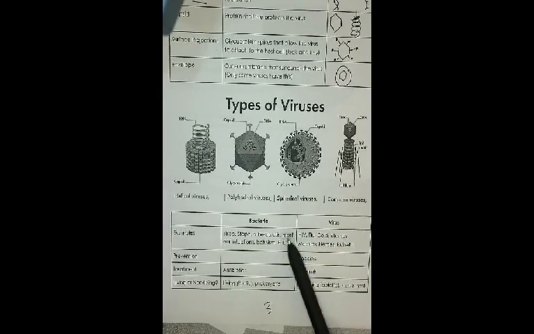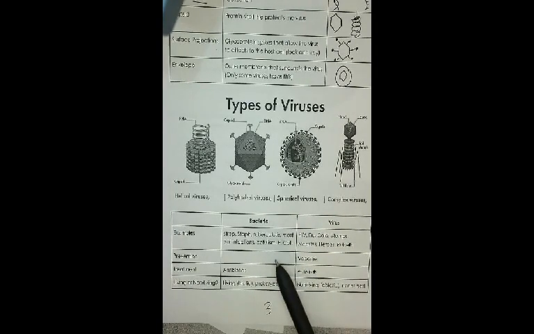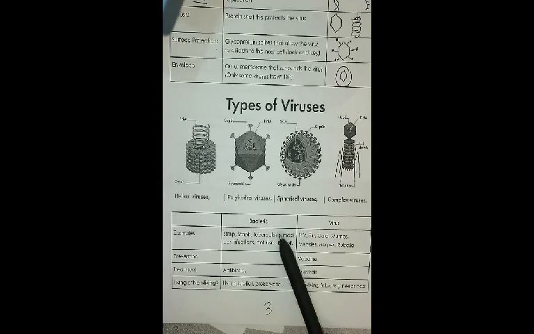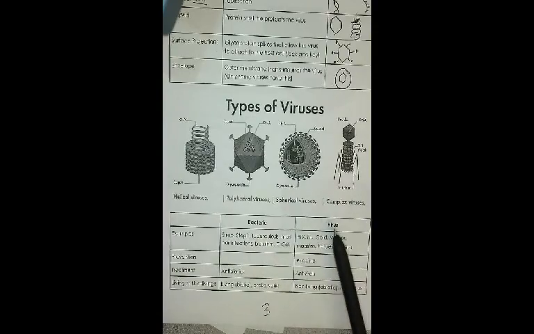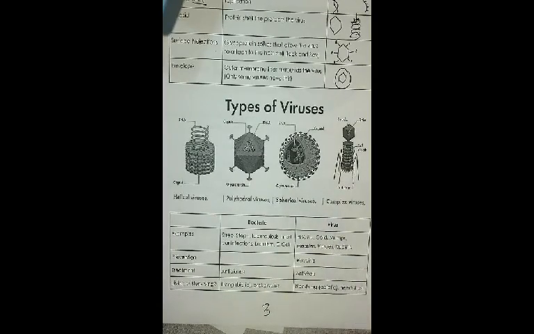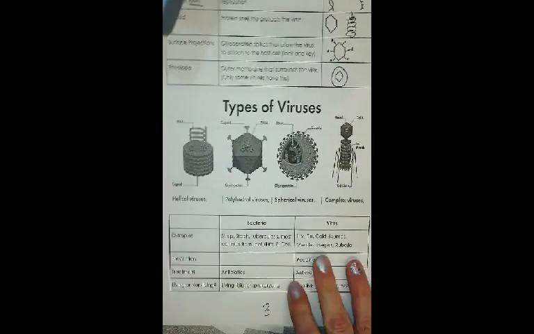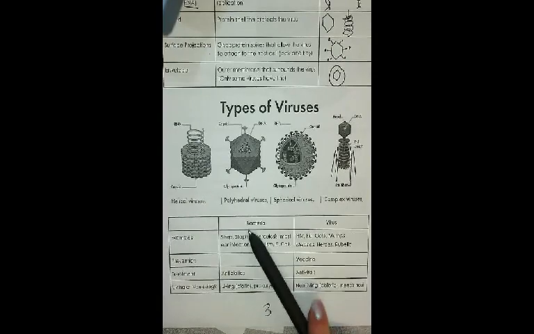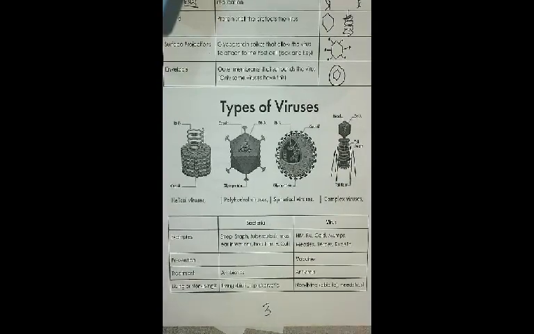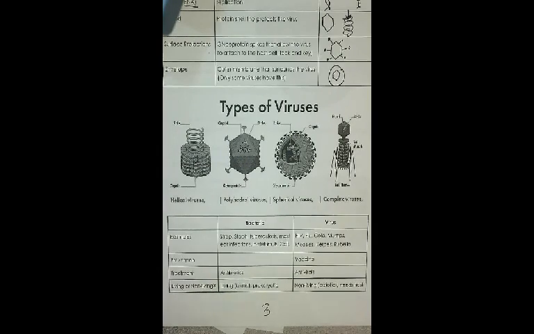When we talk about bacteria, staph, strep throat, tuberculosis, ear infections, botulism, E. coli, these are all bacteria. Viruses are different. They do make you sick. They can be pathogenic, but they are very different from bacteria. Bacteria do not need a host. They can easily get you sick, whereas a virus definitely needs a host.